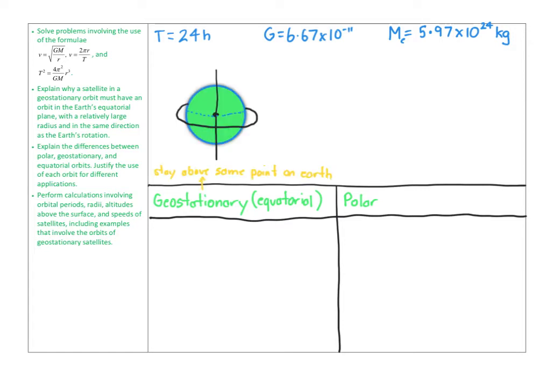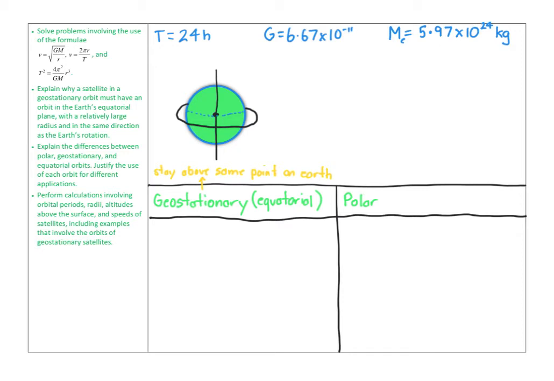So firstly, what is a geostationary satellite? Well, a geostationary satellite orbit will stay above the same point on the Earth's surface at all times. So firstly, if it's going to stay above the same point on the Earth's surface as the Earth rotates, it must have a period of 24 hours. It must have the same period as the Earth.